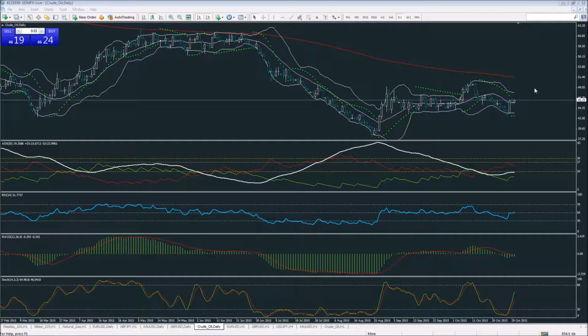Basically this comes from the different markets that we're trading. So in general, this doesn't concern us that much. The only thing that we need is to know the direction.